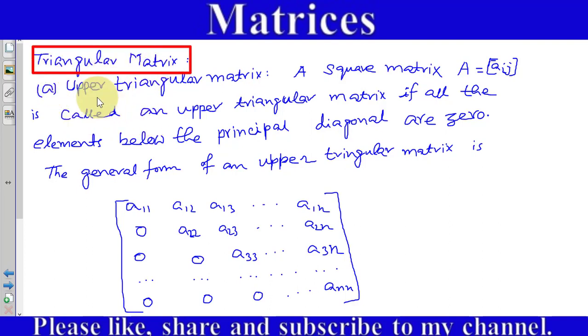Triangular matrix. Upper triangular matrix. A square matrix A is equal to Aij is called an upper triangular matrix if all the elements below the principal diagonal are 0.